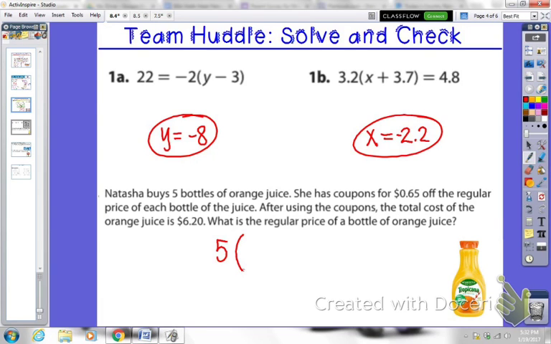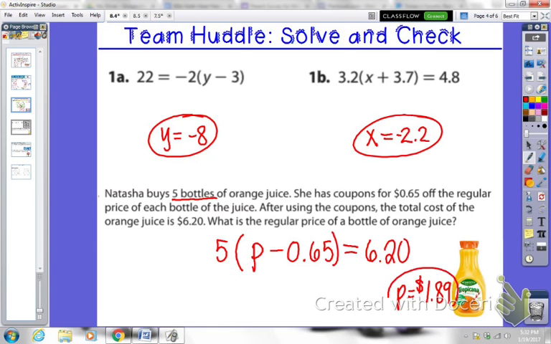You're buying 5 bottles of OJ, and she has a coupon. So you're going to take the price of each bottle of orange juice and subtract off the 65 cents and set it equal to your total. And then solve it by method 1 or 2, but your final answer is the cost of each bottle is $1.89.